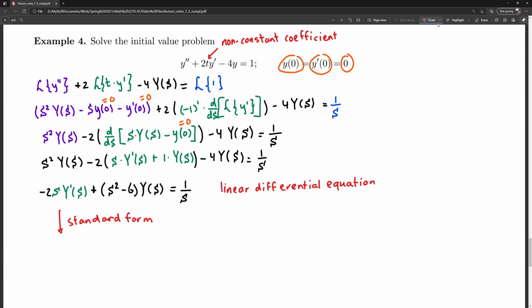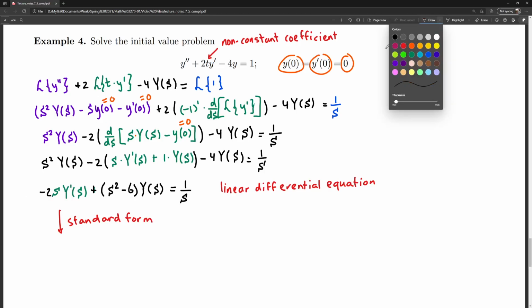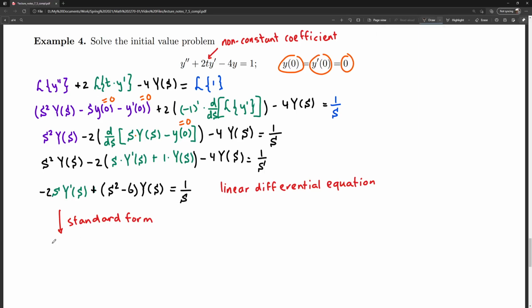And so in standard form, our differential equation becomes Y prime of s plus (6 minus s squared) over 2s, right?